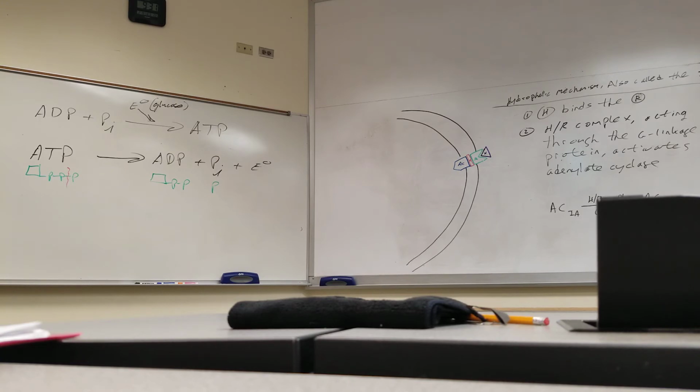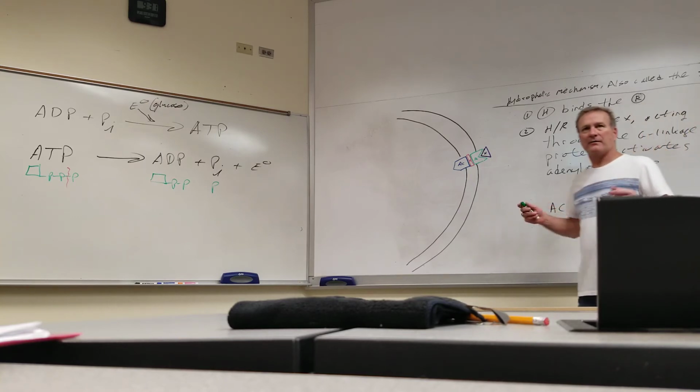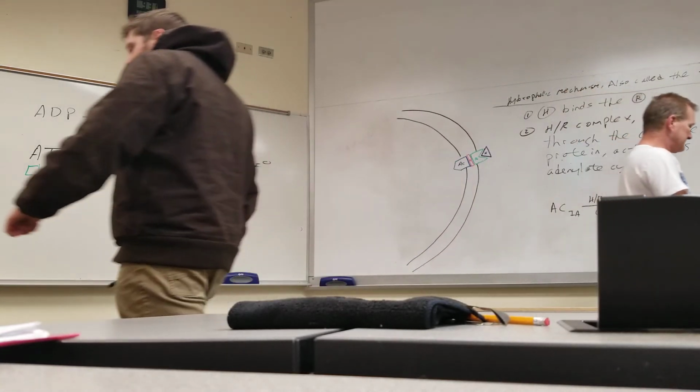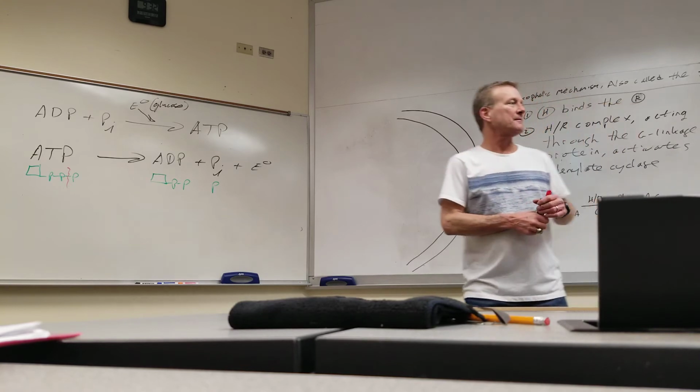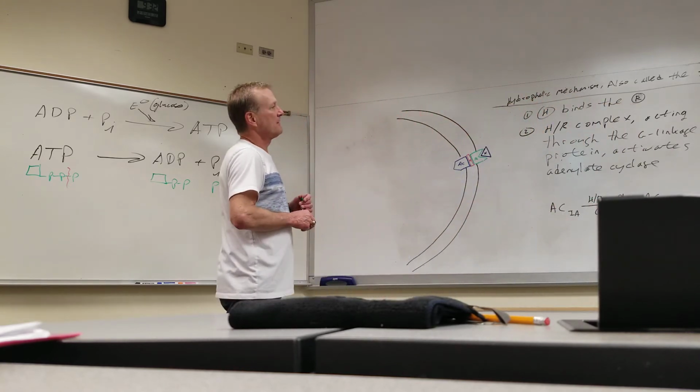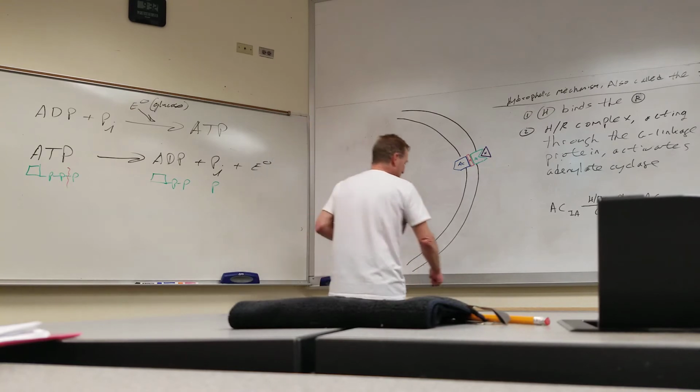So we get AMP. So what's the M stand for? Mono, tri, di, mono. The 2 inorganic phosphates that we cleaved off are still connected to each other. That happens right here.